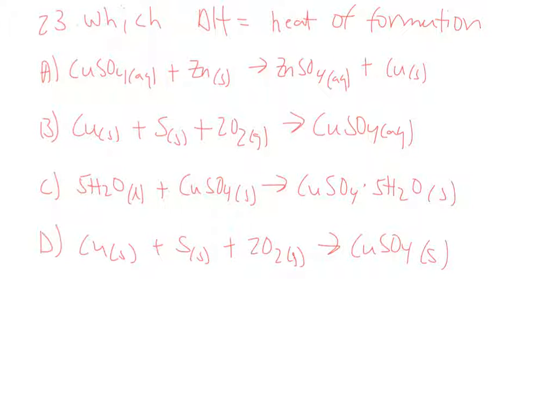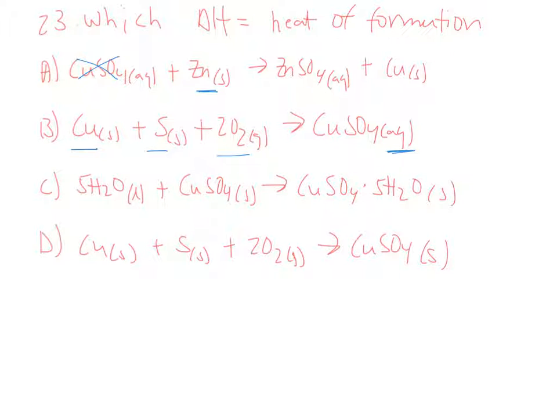So letter A, even though zinc is in its elemental state and in its standard state, copper sulfate is not in its elemental state. On B, copper, sulfur, and O2 are all in their standard states, but CuSO4 aqueous is not its standard state.